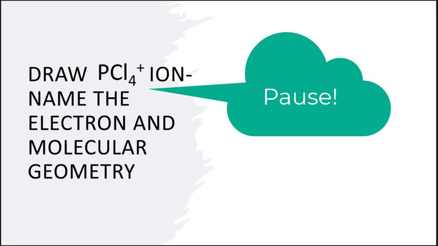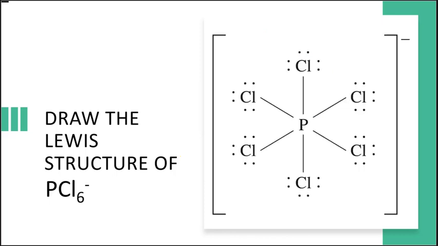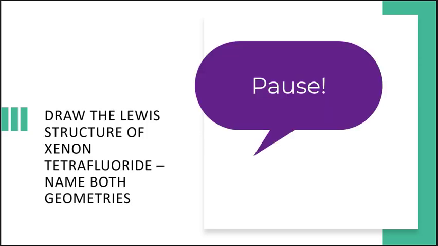Try drawing PCl4+. Did you get a tetrahedral shape? Try drawing PCl6-. And you should get this, which would be an octahedral. Draw xenon tetrafluoride, XeF4. Do your electron count.